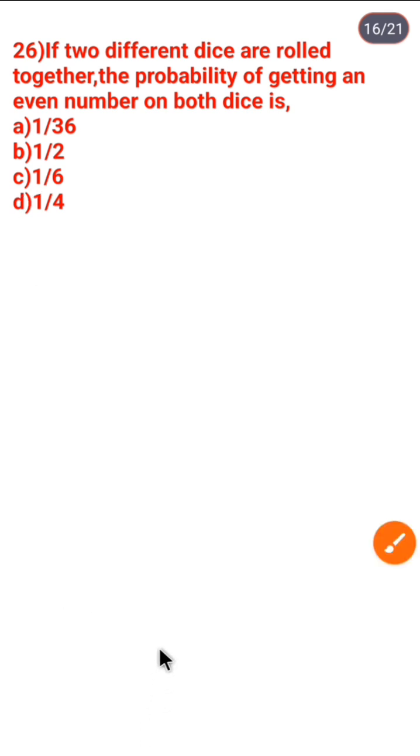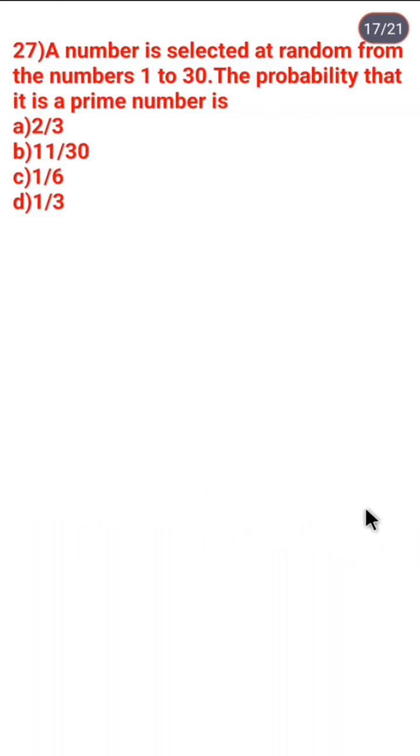Let's move to the next question. A number is selected at random from numbers 1 to 30. The probability that it is a prime number. The total possible outcomes: 30 numbers. Favorable outcomes: how many prime numbers are there between 1 and 30?